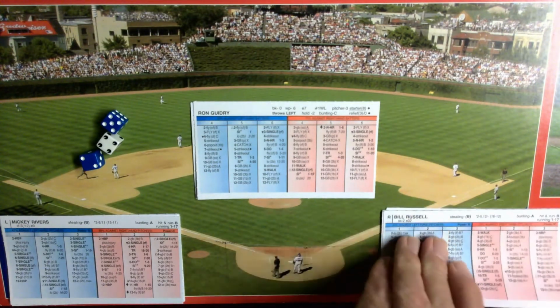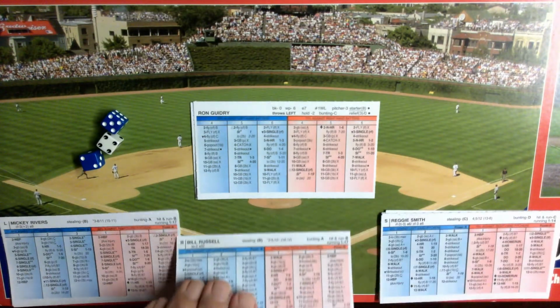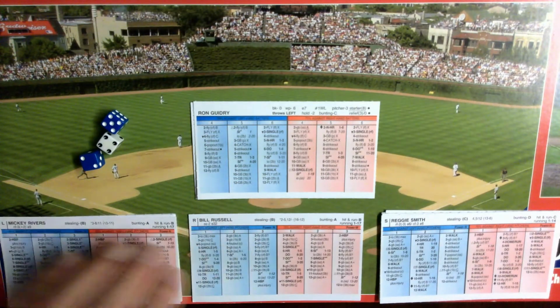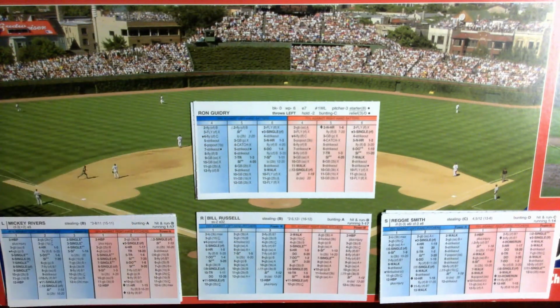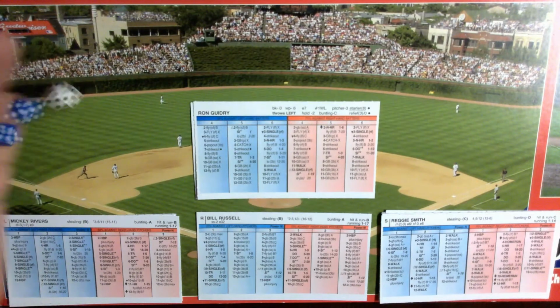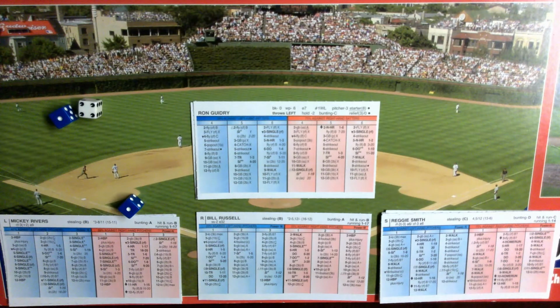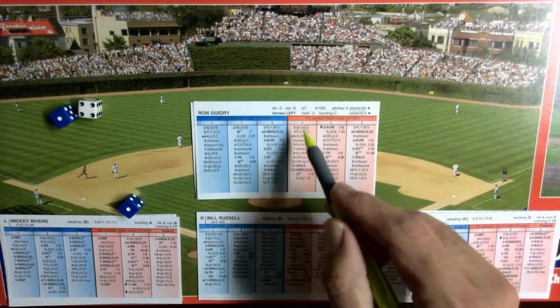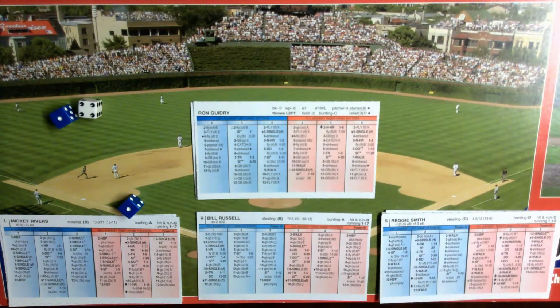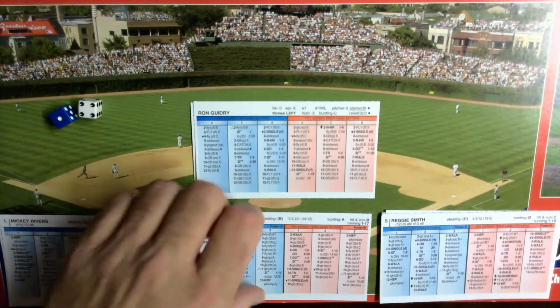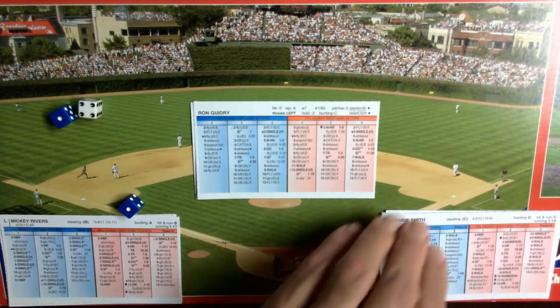Shortstop Bill Russell is up next. Russell is 1 for 1 with a sacrifice in the third inning. That's a 4 and a 2 against a right-handed batter. 4 and a 2 is a ground ball, shortstop A. So Dent to Chambliss to retire Bill Russell.